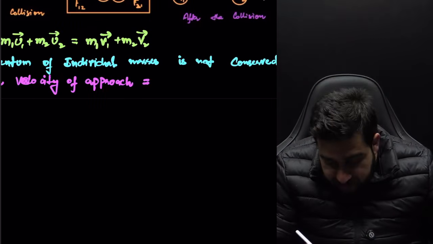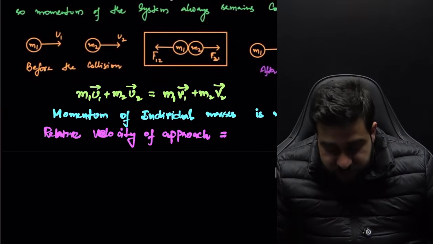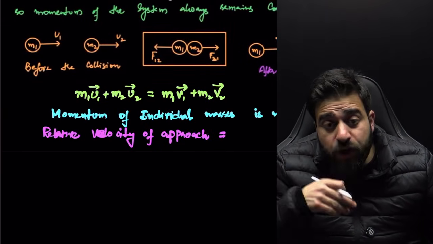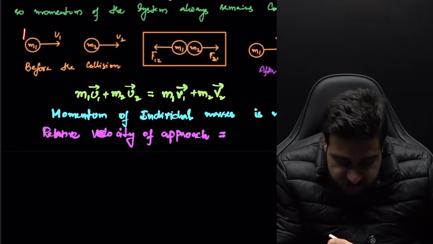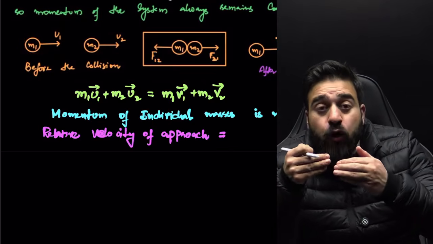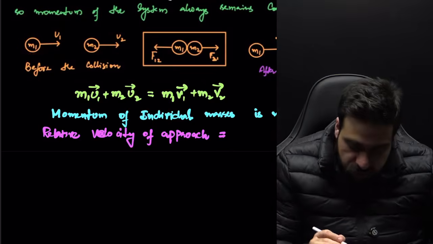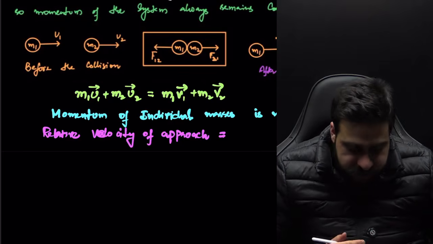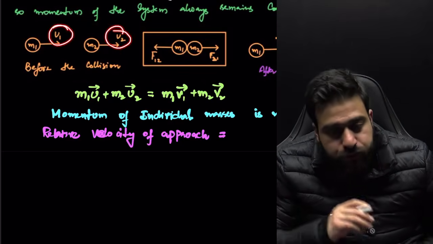Sir, what does that mean? Velocity of approach means with what velocity they are approaching towards each other so that they can collide. So the relative velocity of approach is simply going to be u1 minus u2.